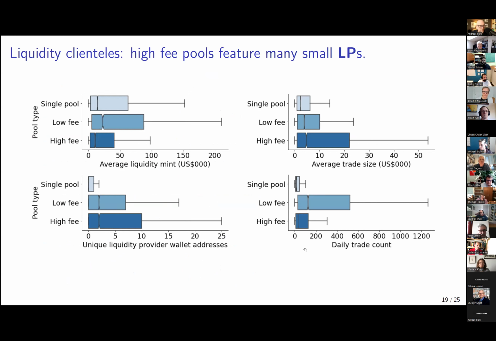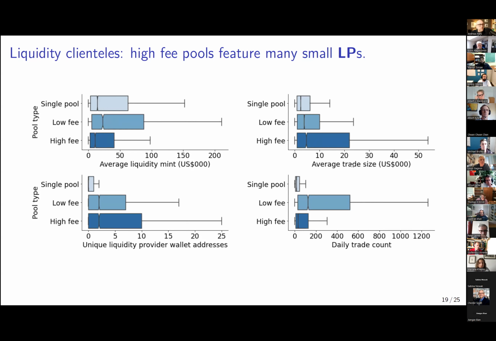So we do see evidence of clienteles. If we look at the average liquidity deposit, it's significantly larger on the lower fee pools than the higher fee pools. So it does seem that the large liquidity providers tend to go to the low fee markets, and the small liquidity providers tend to go to the high fee markets. The average trade size is much higher on the high fee markets.